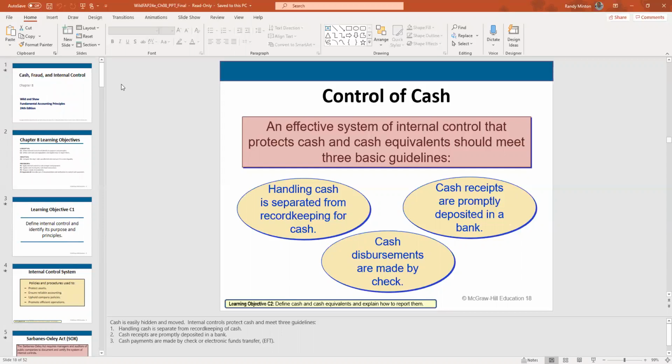So in this particular chapter, what we have is a long discussion about cash, the control of it, but more importantly, for your purposes, we do a lot of work with the bank statement. In terms of examination questions, you're going to see something in the neighborhood of 20 of the 40 questions coming out of this chapter.